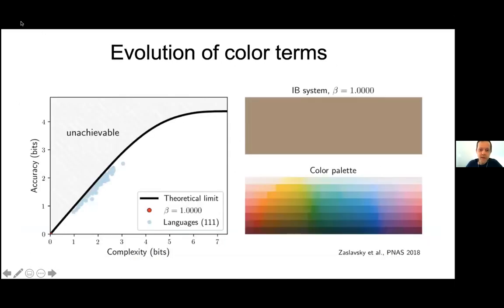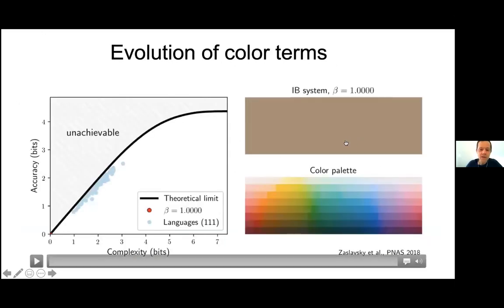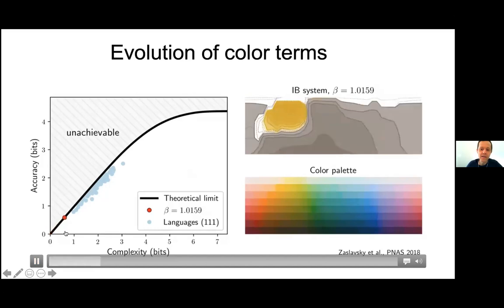To give you a sense of this, here's a video that Noga made. I'm going to show you what happens if we start here with the least complex system and sweep along the optimal frontier. If you keep your eye on this part of the plot, you'll see the optimal systems at each part along that trajectory. We're starting with the category with 1. Here's the yellow category coming in.